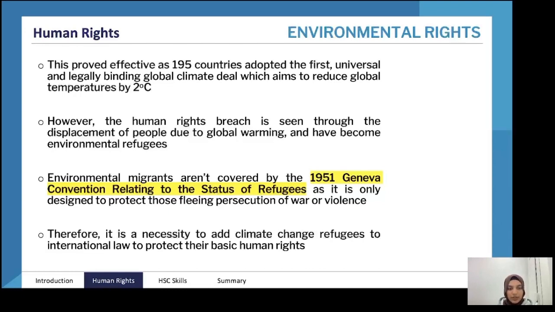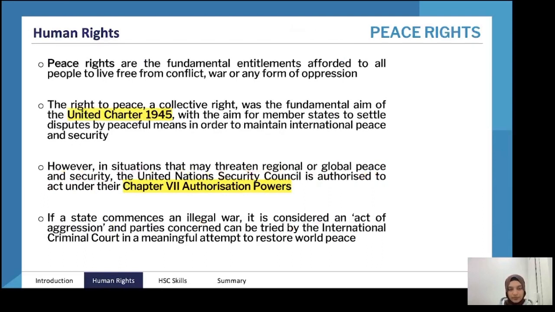Environmental migrants aren't covered by the 1951 Geneva Convention relating to the status of refugees, as that specific one is only really designed to protect people fleeing persecution, war or violence, not really environmental issues. Therefore it is a necessity to add climate change refugees to international law to protect their rights as well.